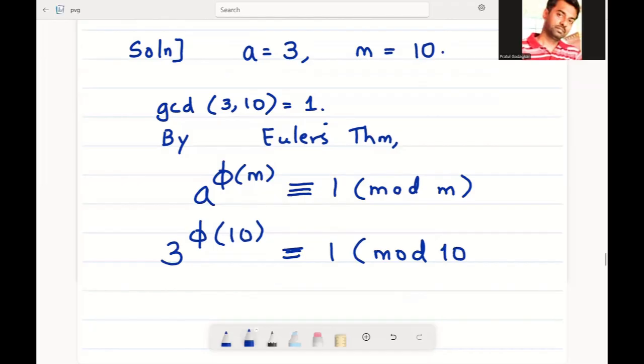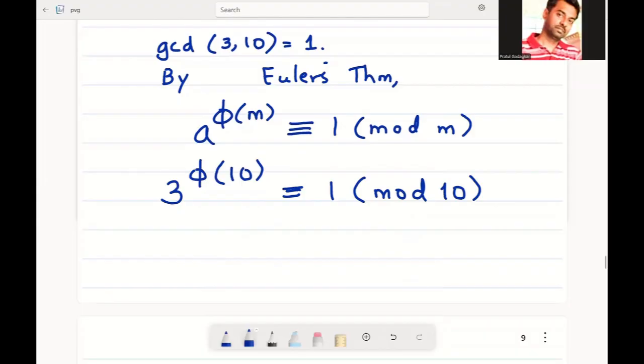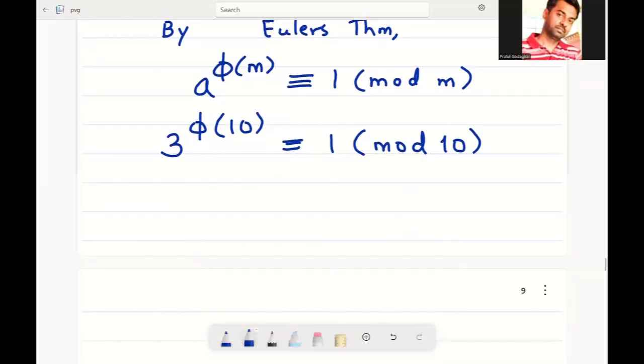In the previous lecture, we calculated phi of 10, but I will still show it here in a rough column. What is phi of 10?